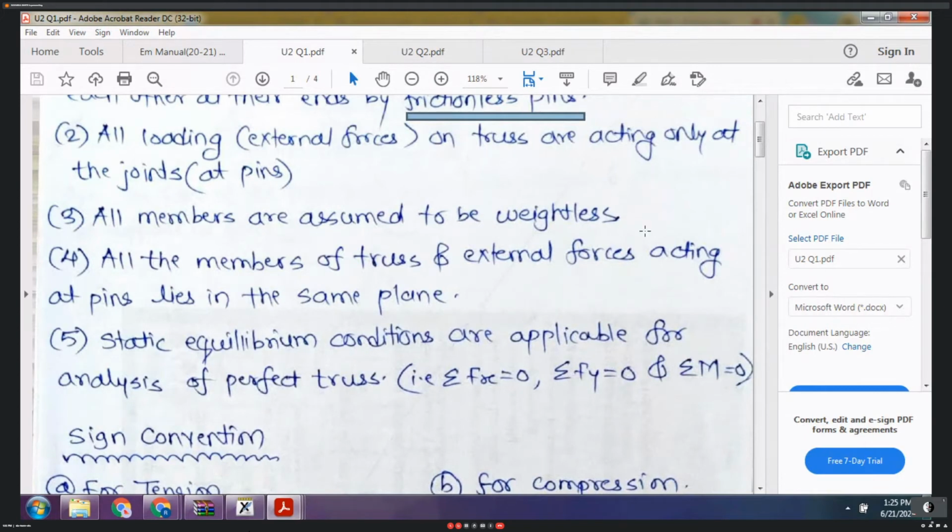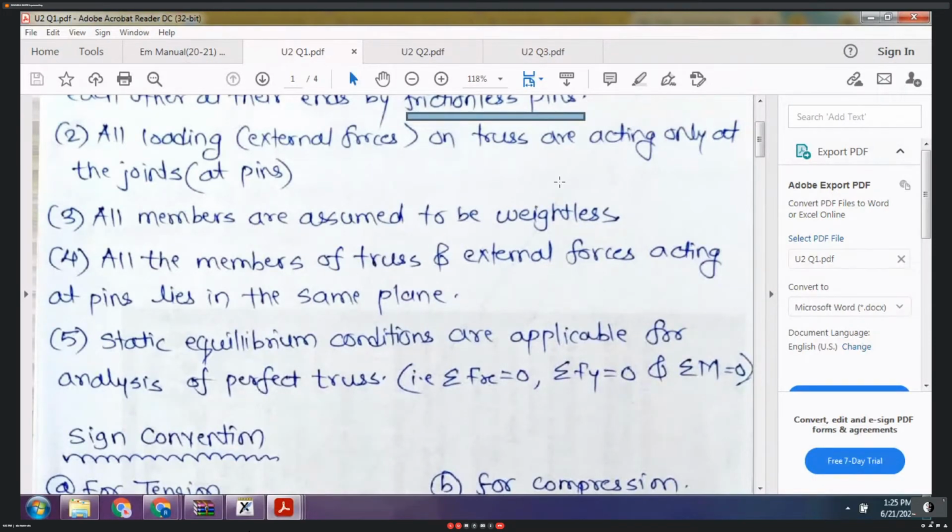Whatever external loads are acting on the entire truss, they are very much high as compared to the self weight of all struts or members. Because of that we neglect the self weight of the strut. Is it clear?